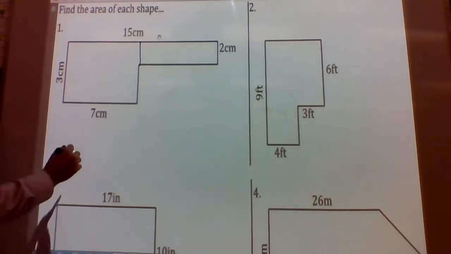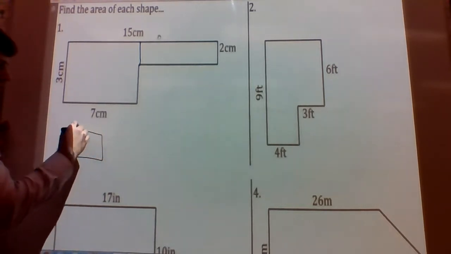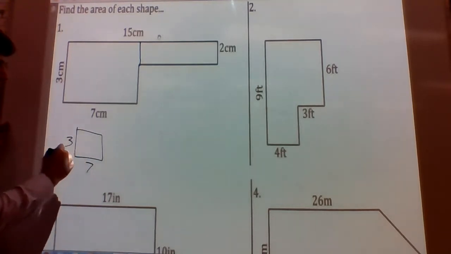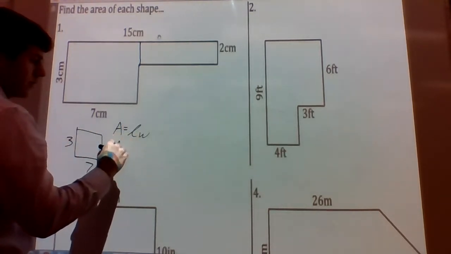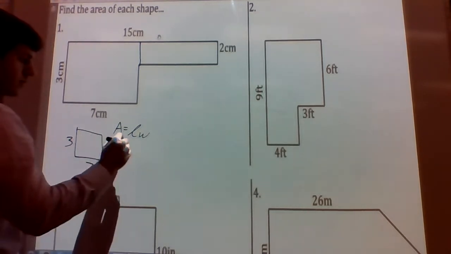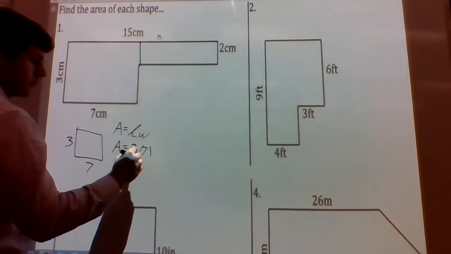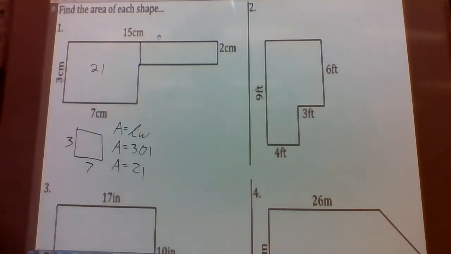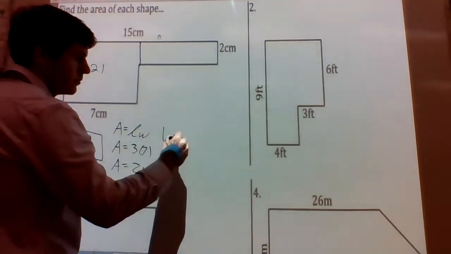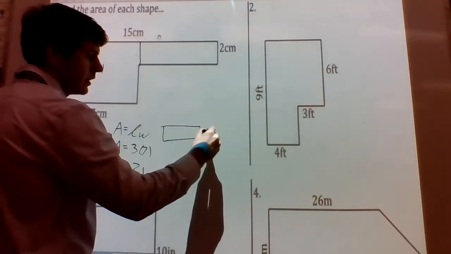If we look at our first rectangle, if we redraw it, we notice it is 7 by 3. So the area of a rectangle is length times width. The area of this is going to be 3 times 7, which is 21. To find our other rectangle, we know it has a width of 2.